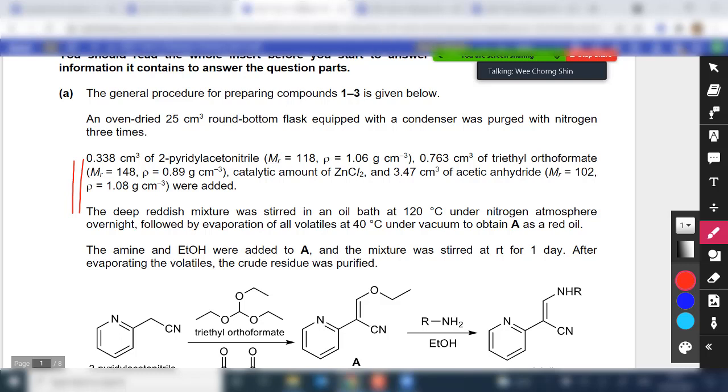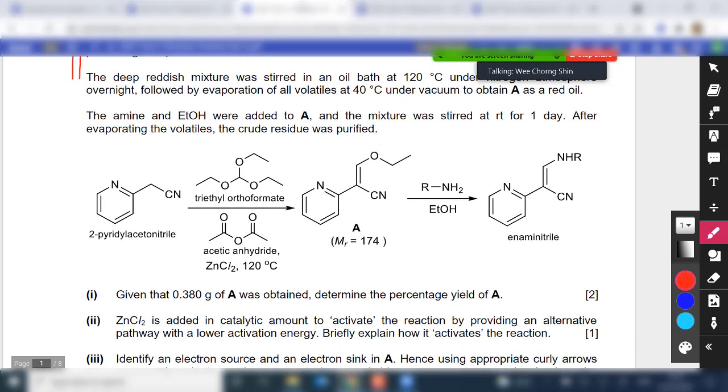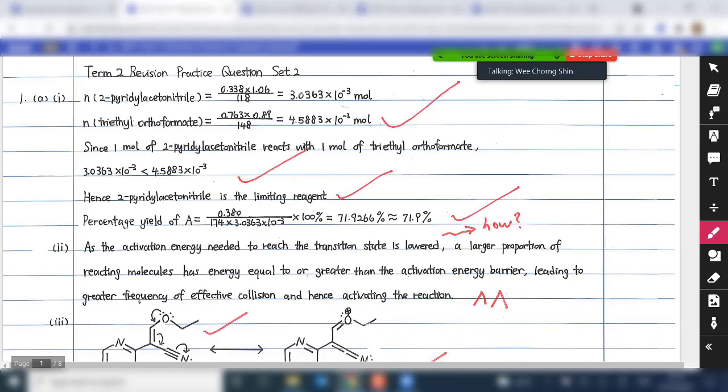Sometimes we ask you the simplest thing in the most inconvenient manner. If you read through it, it's not difficult. They are asking you Sec 3, Sec 4 stuff: calculate the percentage yield. If you get the correct answer, you should get 71.9%.